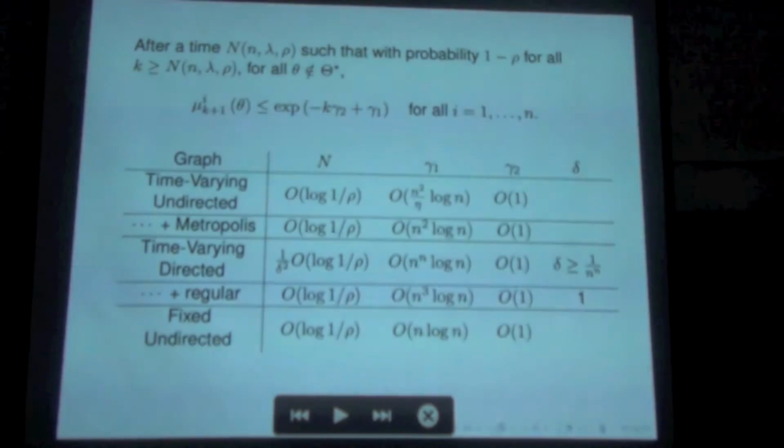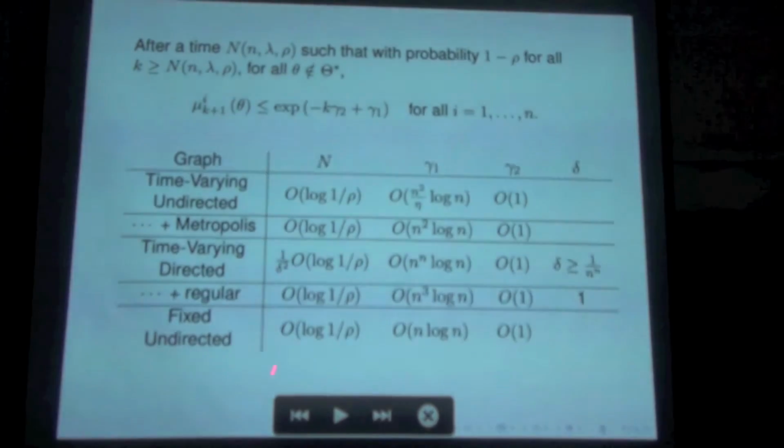It's when you have self-weights like 1 over the maximum between the degrees. This is called the Metropolis. And a regular directed graph is when, in directed graphs, you might have different numbers of in-neighbors and out-neighbors, so regular directed graphs is when this number is the same: the same number of in and out neighbors.